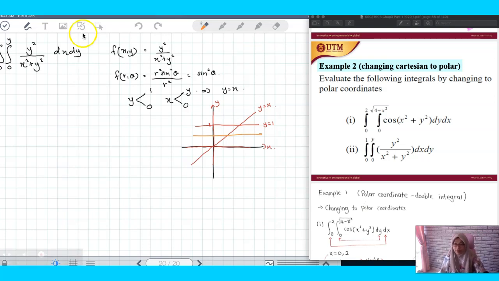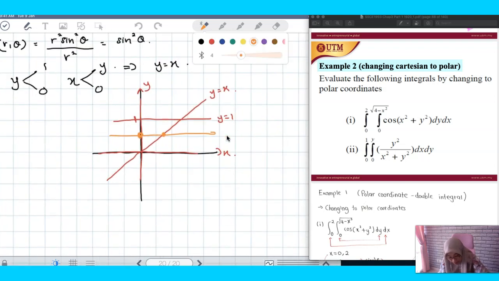You can see that y is lying 0 to 1, yes, and x is from 0 to y. So that is x equal to 0, and this is x equal to y. So your region is here. That is your R.